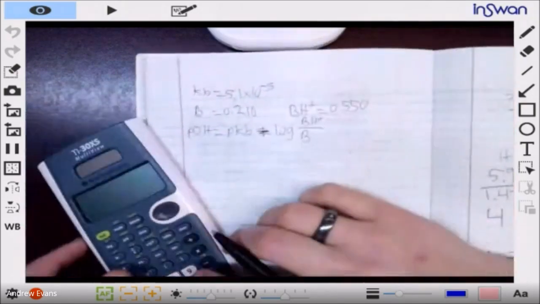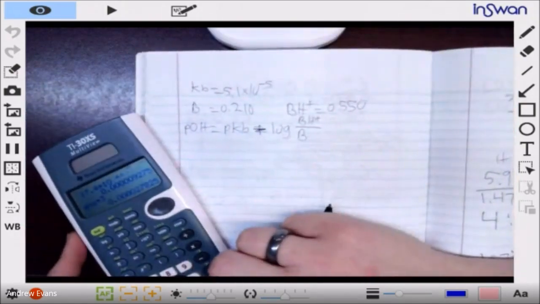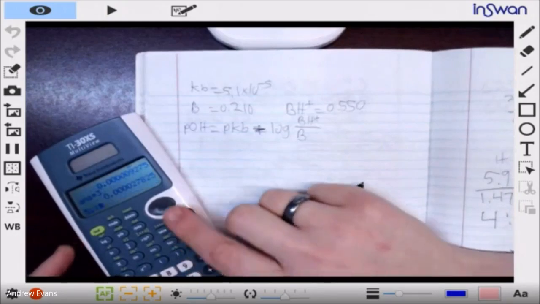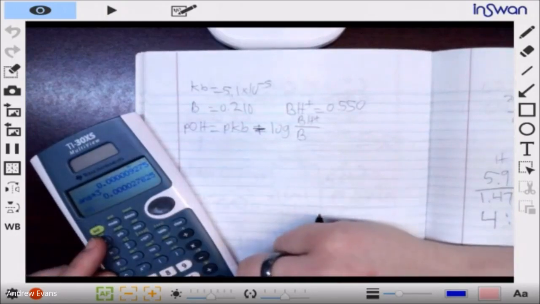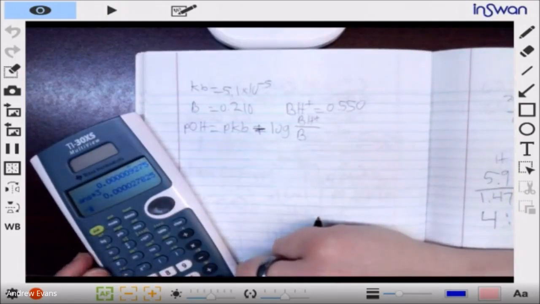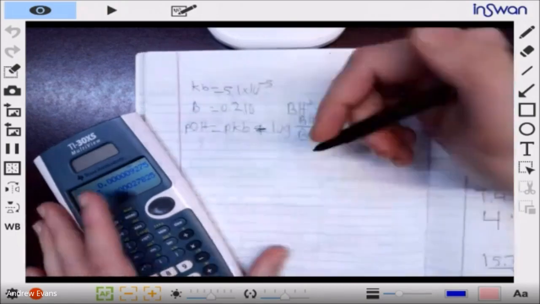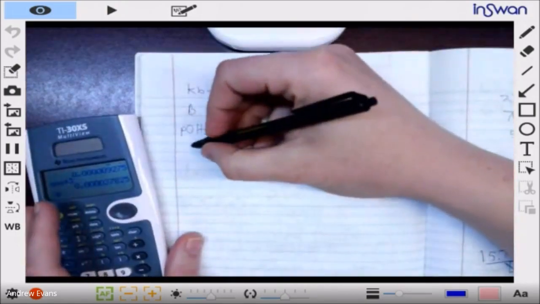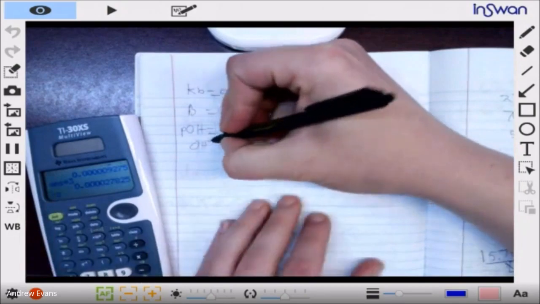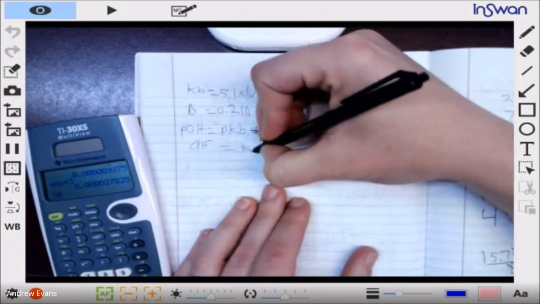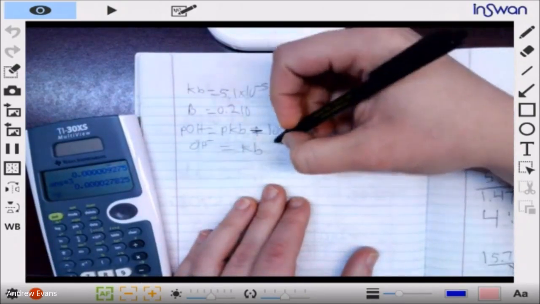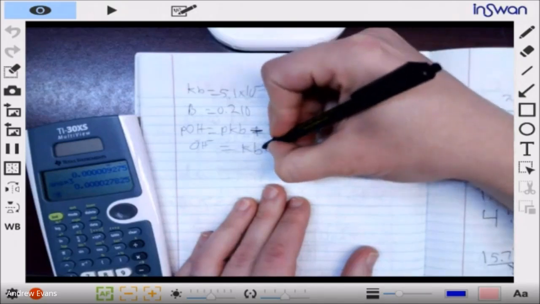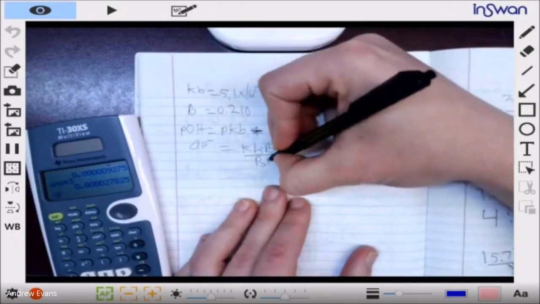The only thing we really have to do is turn the Kb into the pKb. And technically, really, what you're doing is you're just taking the log of these three things.